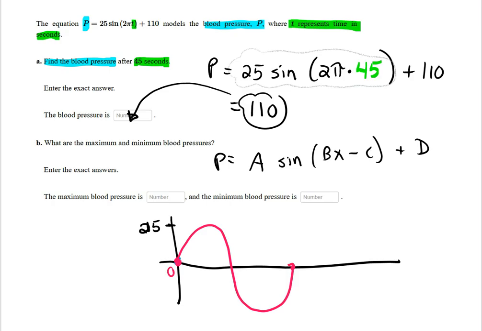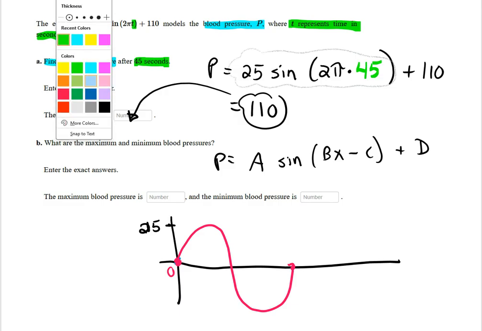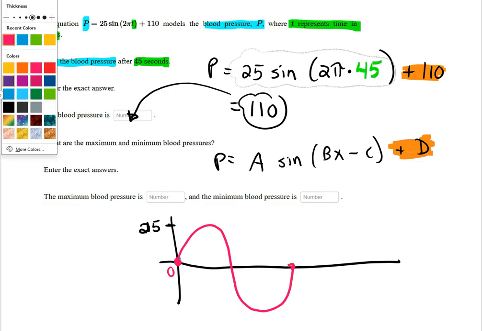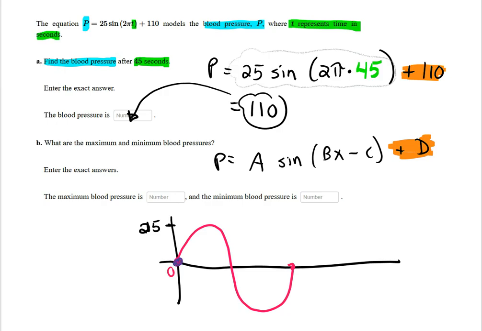Okay, and then because you have the plus, remember the plus 110, that is your D, and the D is a vertical lift. So this point right here is going to go up to 110.